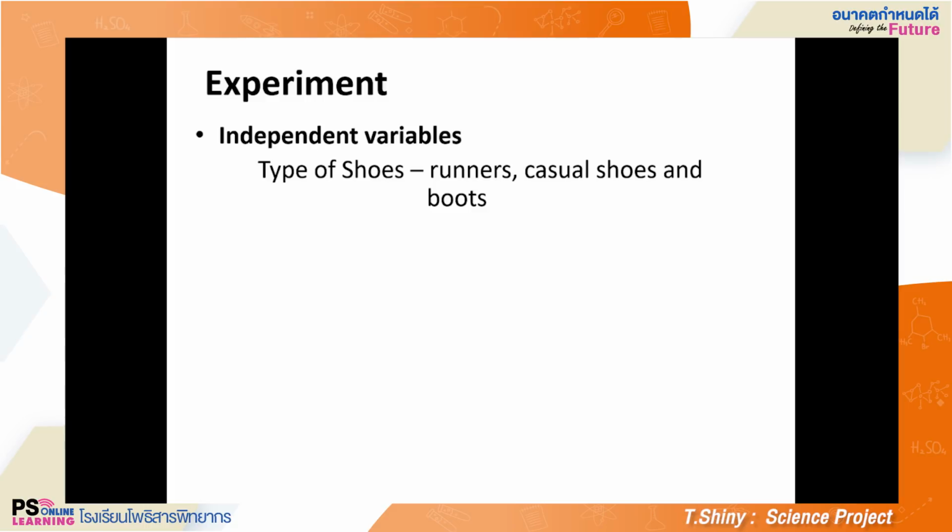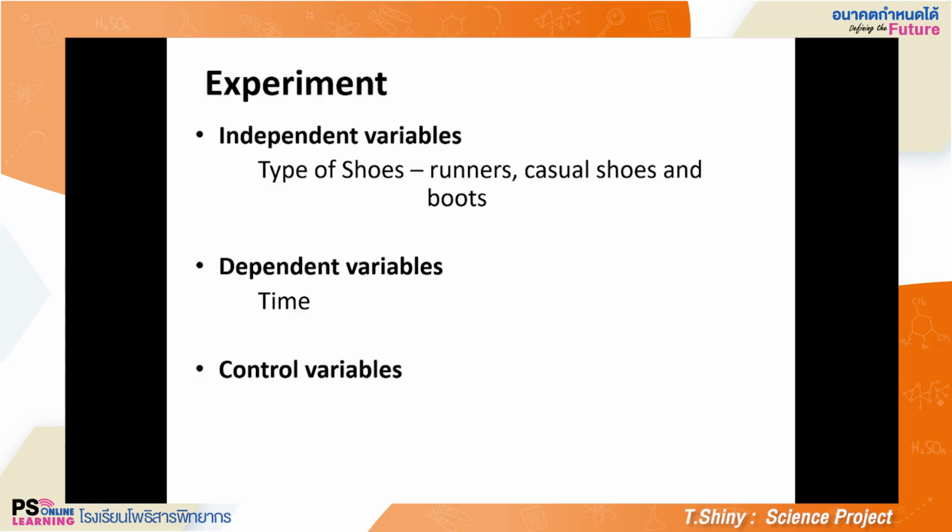The type of shoes: runners, casual shoes, and the boots. What about the dependent variables? The dependent variable in the video is the time, which we saw from the timer. The timer is used to tell us the time that the runner took when he ran the 100-meter running track.